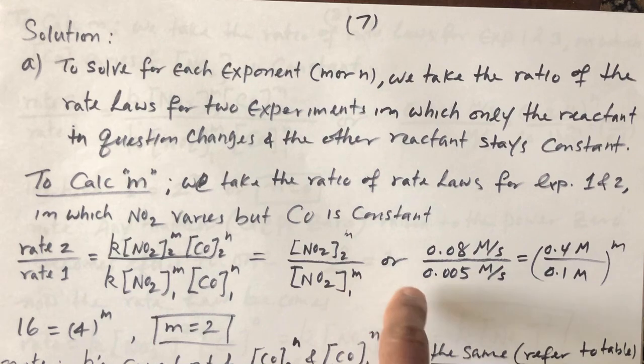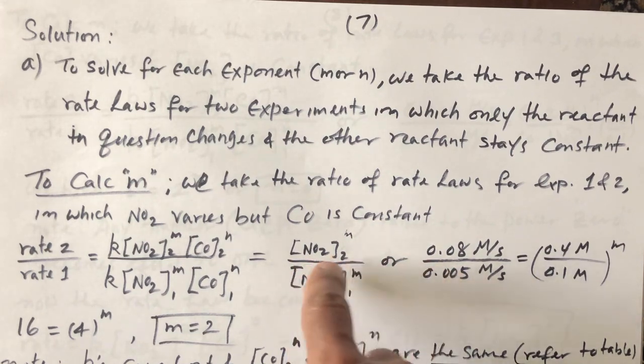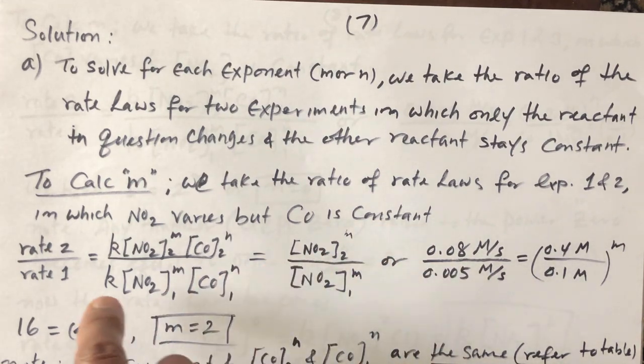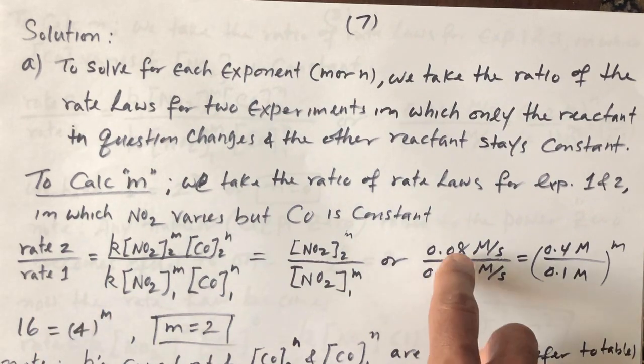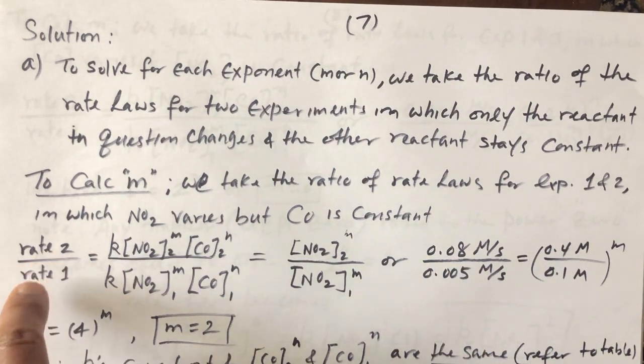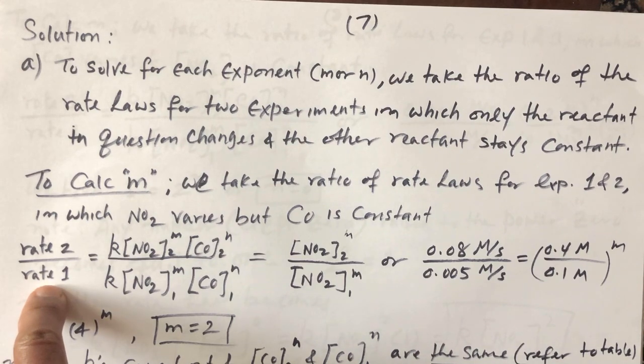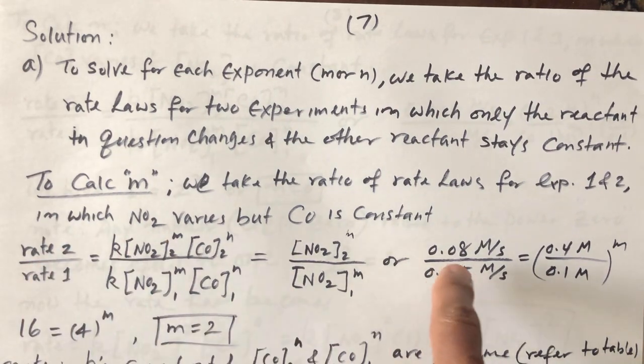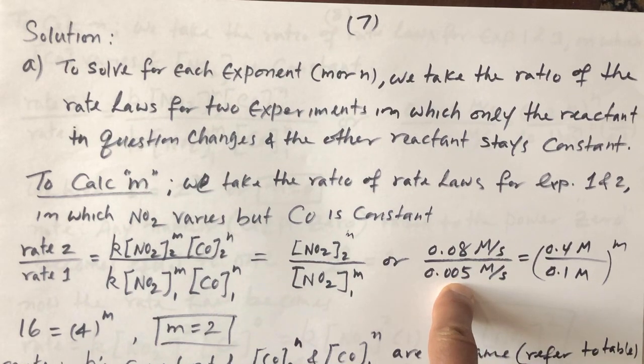So as you can see, we can substitute for those rates. Rate 2 to rate 1 is 0.08 to 0.005, and this is initial rate 2 to initial rate 1. Okay? And the magnitudes of those are given in the table, so we just substitute that here.